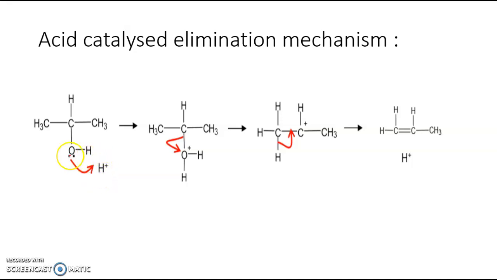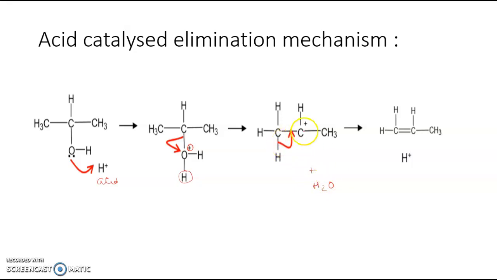So notice here you've got the alcohol, it's got a lone pair. It attacks the H plus, which comes from the acid. The H plus has now formed a bond with oxygen. As a result, it acquires that plus charge. Due to that, it takes the electron pair from the carbon and you get H2O released.